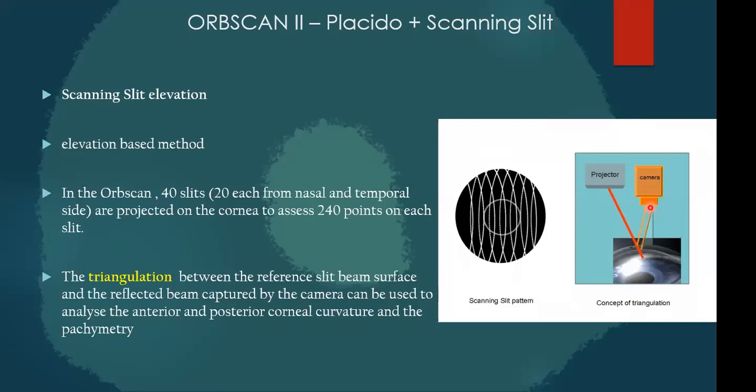So it calculates the contour of the anterior surface and it accurately calculates the pachymetry at each point. And by the subtraction between these two, it gives us a calculated and computed analysis of the posterior corneal surface. So this is a small disadvantage of the scanning slit based elevation topography over the Scheimpflug based methods.